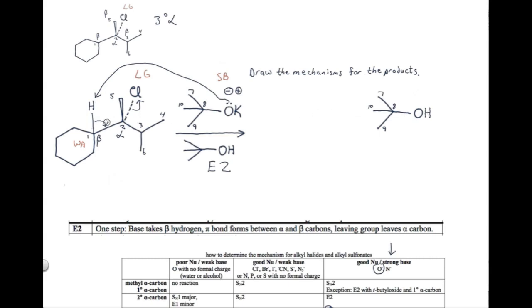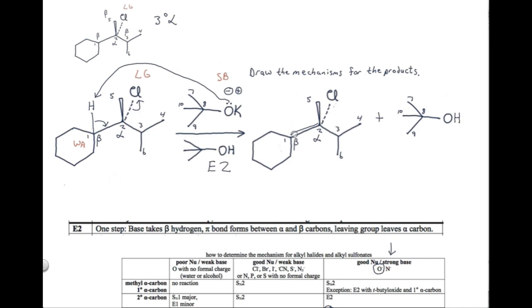And to draw a new pi bond between carbon 1 and carbon 2. Here's that new pi bond between carbon 1 and carbon 2. This arrow tells us to break the bond between carbon 2 and the chlorine. So now we can draw the chlorine separately. The chlorine started neutral and gained electrons, so the chlorine ends up negative.